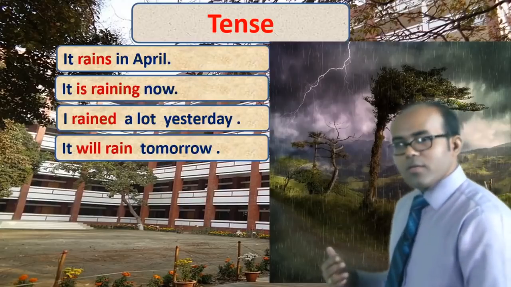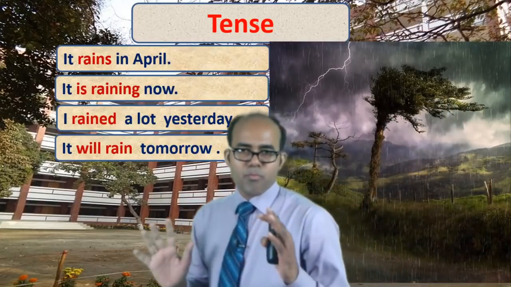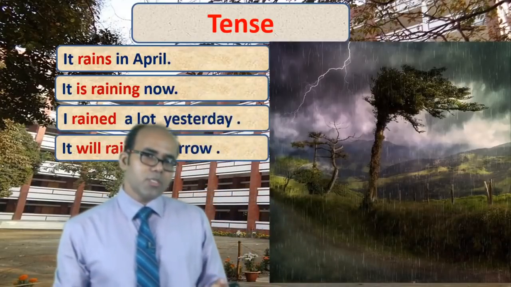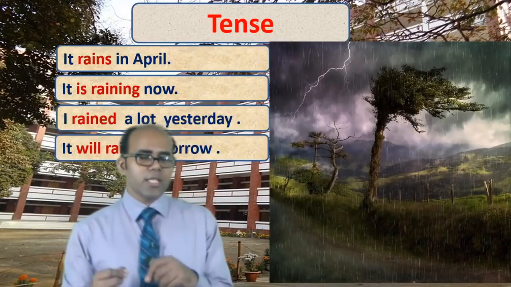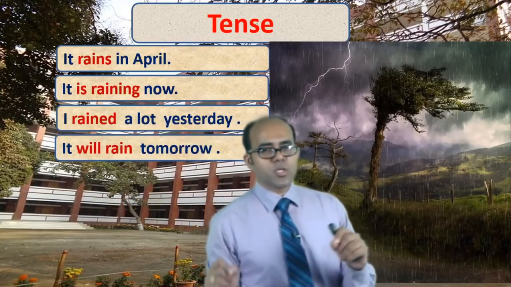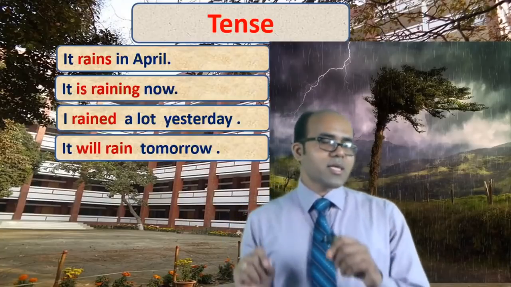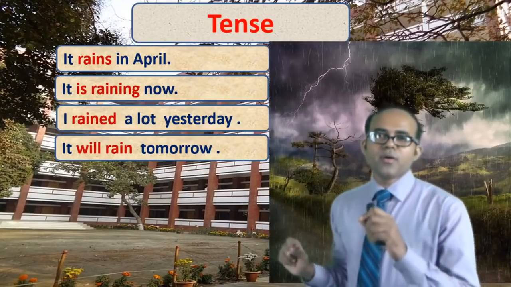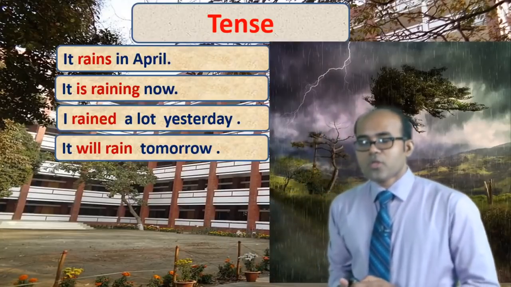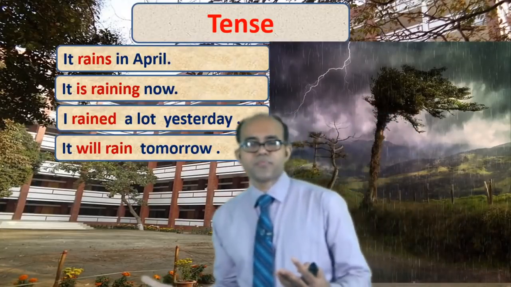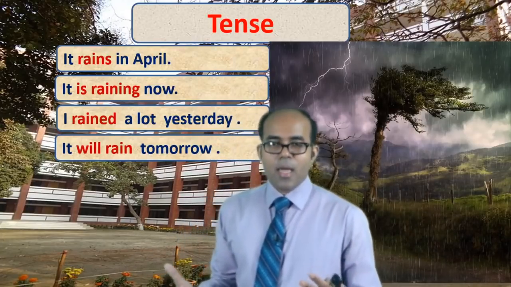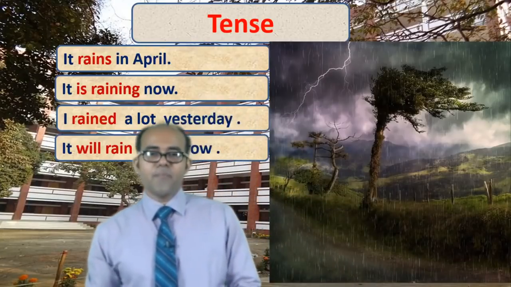So if we want to make a definition, how can we give? Dear learners, look at the change of time. Time is changing along with the change of verbs. So there's a kind of relationship between the time and the action of the verbs. So we can say tense is the change of time.